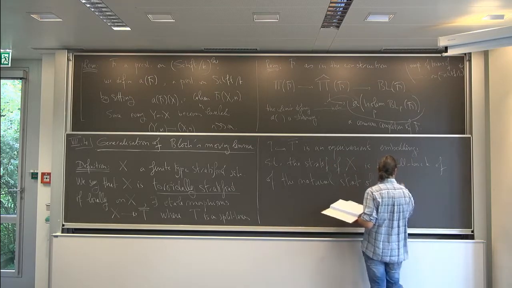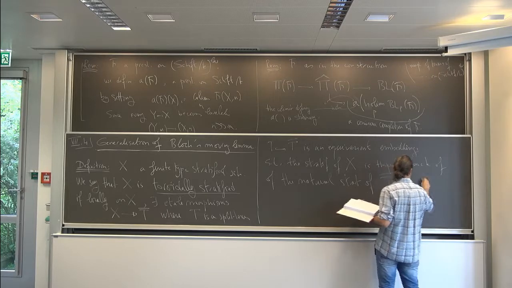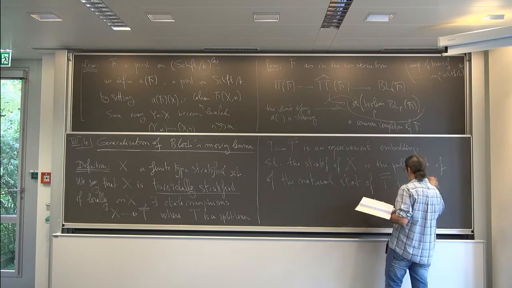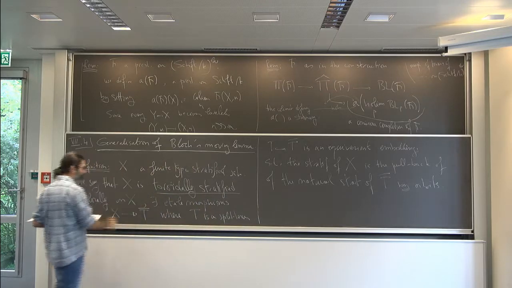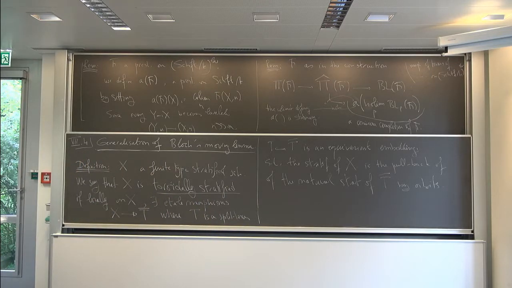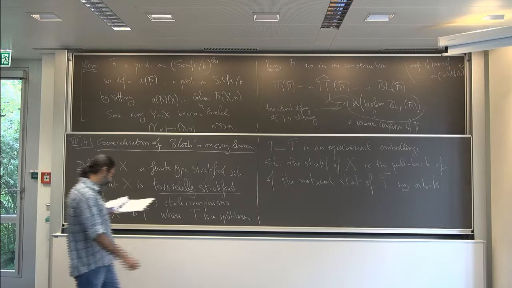Of course, T bar is stratified by the orbits of the action of T on T bar, and the stratification of X is just given by the pullback of the orbits.